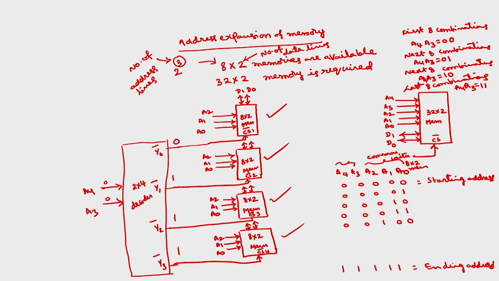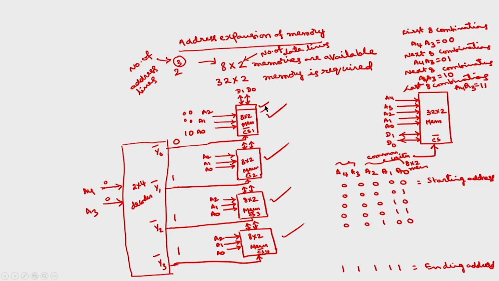Now, after selecting a particular 8 by 2 memory, how do we select the particular location in that? For that we have A2 A1 A0. If I take A2 A1 A0 as 0 0 0 and select this memory, the 0th location of this one will be selected. If I take 0 0 1, the first location will be selected.